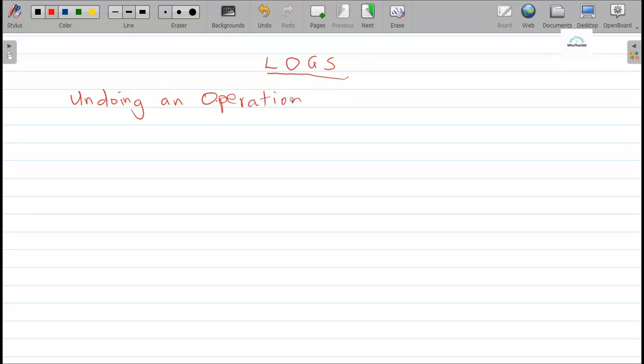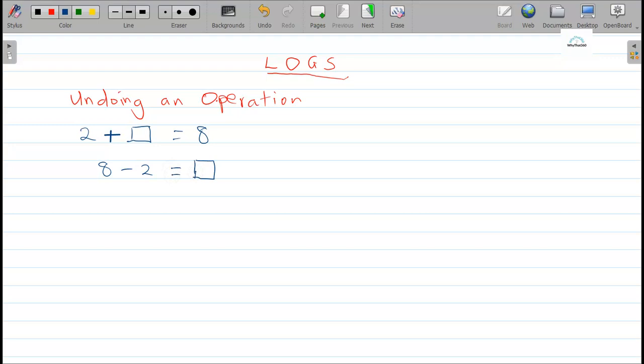As a way or ways of undoing an operation. What do we mean by undoing an operation? If you remember at elementary school, you were given questions like 2 plus something is equal to 8. This here is the same as 8 minus 2 is equal to box, right?